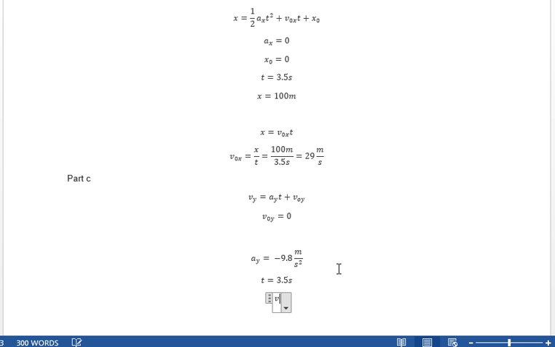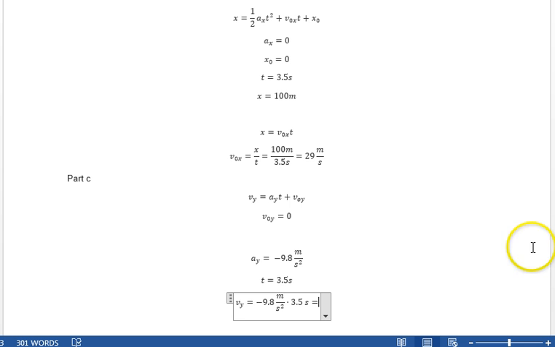So this gives us, just as we hit the ground, Vy is minus 9.8 meters per second squared times the time, 3.5 seconds, plus the initial velocity, which is 0.